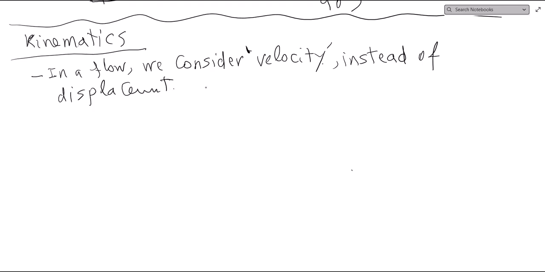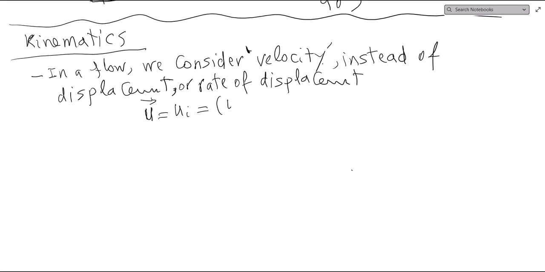If you like, we can say that we consider rate of displacement, which if I call it u here, vector, or ui, this vector has three components.